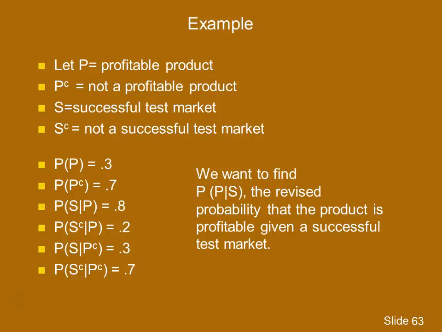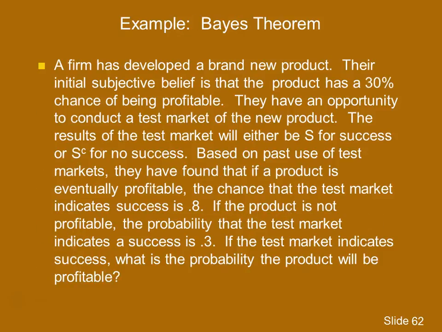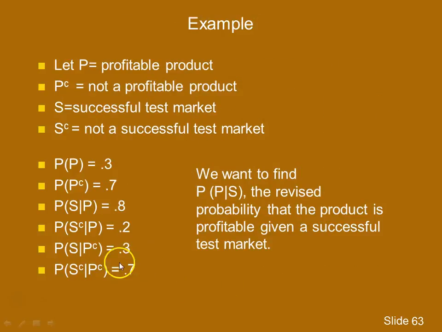The probability of S complement given P will have to be 0.2. Finally, the last piece of information, if the product is not profitable, the probability the test market indicates success is 0.3. Given the product is not going to be profitable, the probability of a successful test market is 0.3. And here we have the complement to that, S complement given P complement.